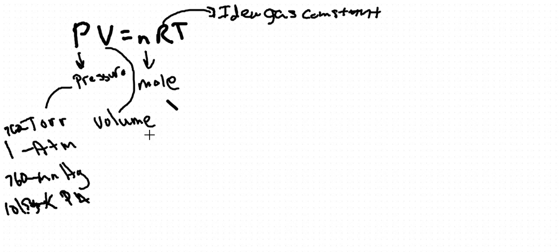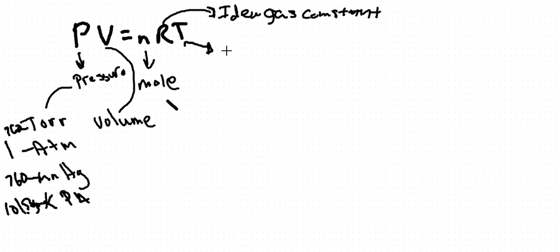So all of those are exactly the same measurement. 101.3 for kilopascals. So all of those are equivalent to 1 atmosphere. So if you had 202.6 kilopascals, it's equal to 2 atmospheres, right?